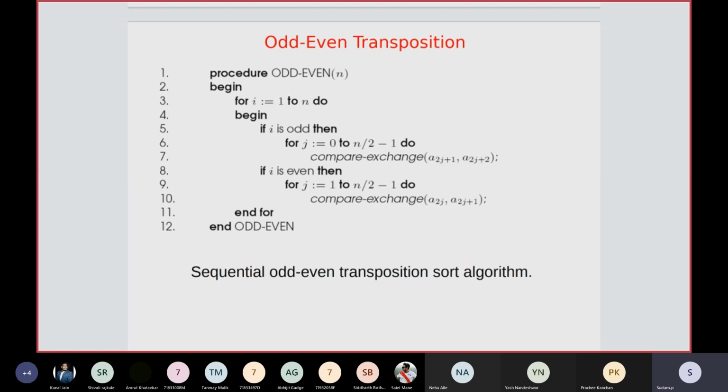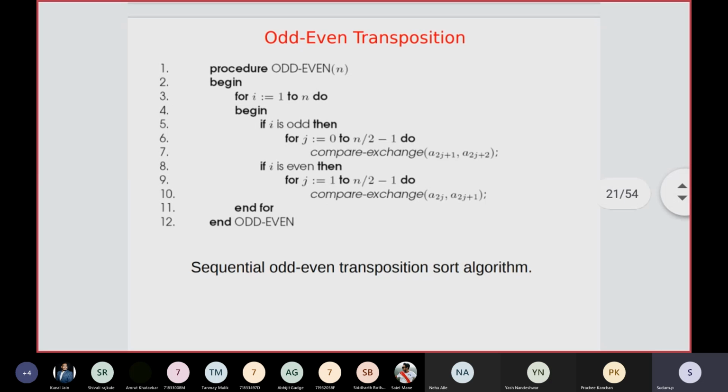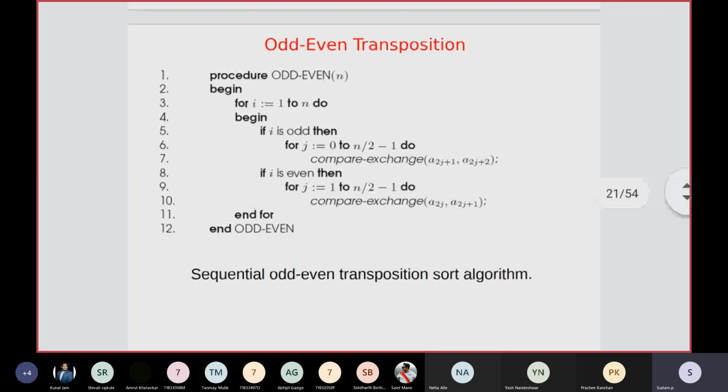If they are not in proper sequence, you need to exchange their position. If they are already in proper sequence, keep those elements as they are. So in this way odd even transposition, or odd even bubble sort, works. This is the sequential version of the odd even sort algorithm, also called odd even transposition sort algorithm.